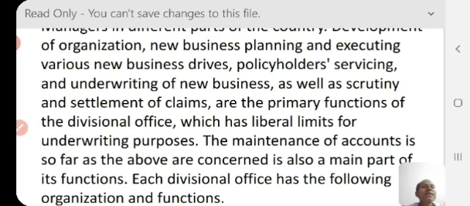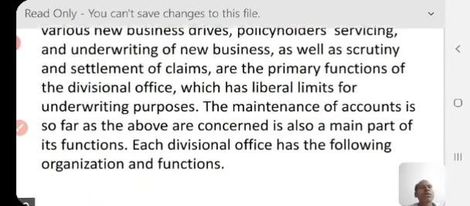The maintenance of accounts, so far as the above are concerned, is also a main part of its functions.